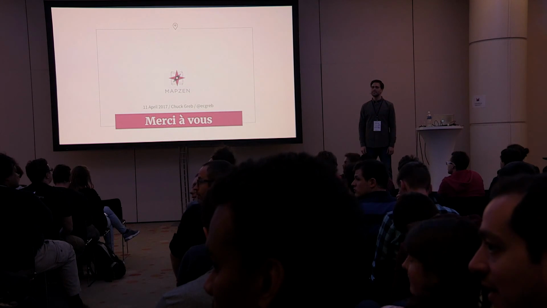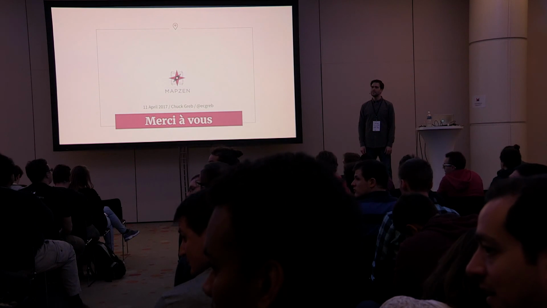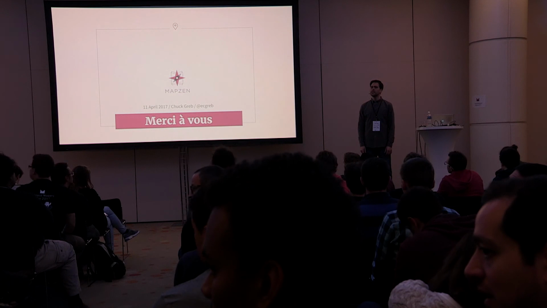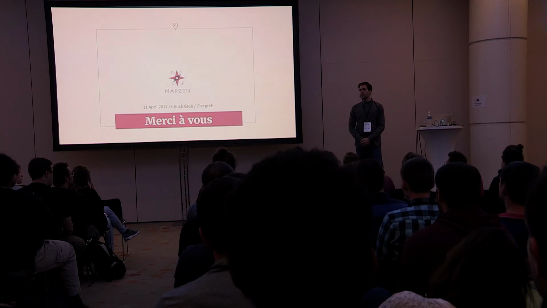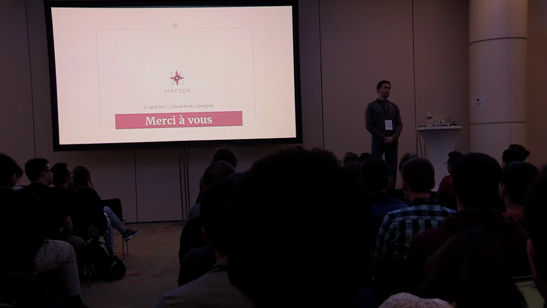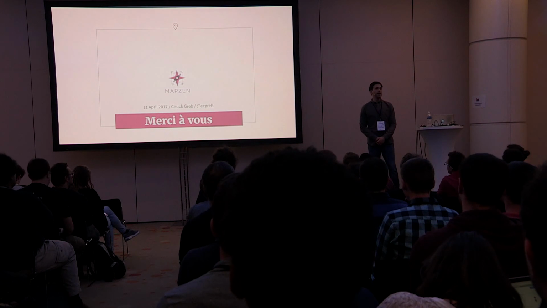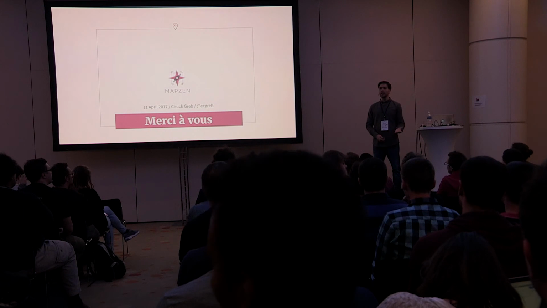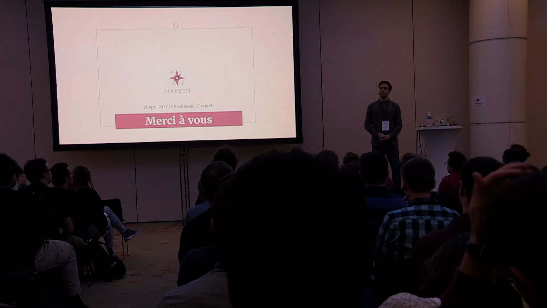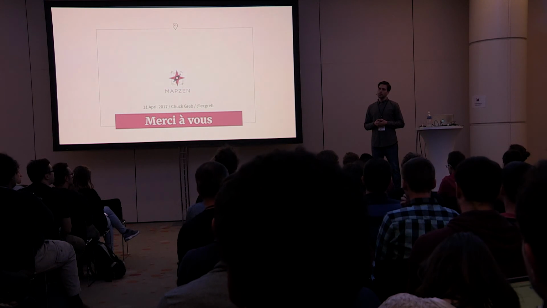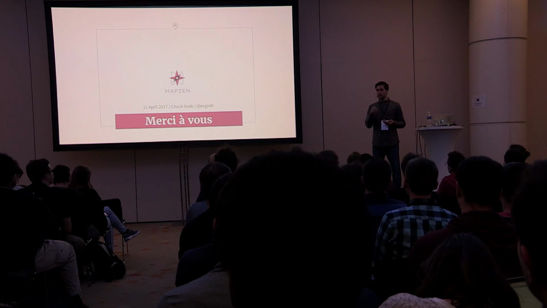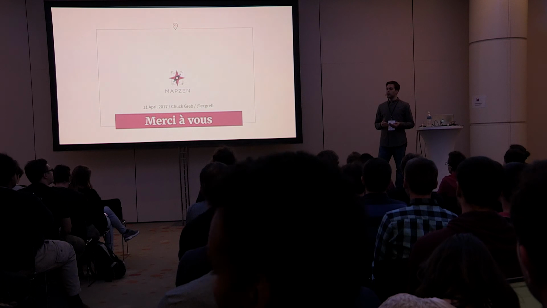Question: In your example, you didn't use any dependency injection tool or framework. What do you think about that? The question was about dependency injection frameworks and that I hadn't used them in any of these examples. I think they're fantastic. We saw the one example of writing unit tests with the login presenter and passing in the account validator as a model into the presenter.